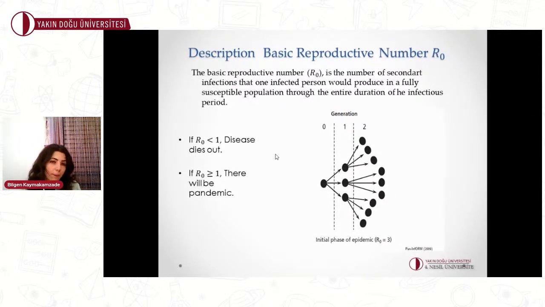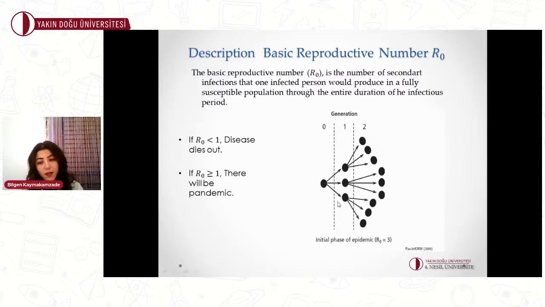But what is that number? That number is shown with R naught, and it is the number of secondary infections that one infected person would cause in a susceptible population. So I mean that if this number is 3, it tells us one infected person can infect 3 other persons.